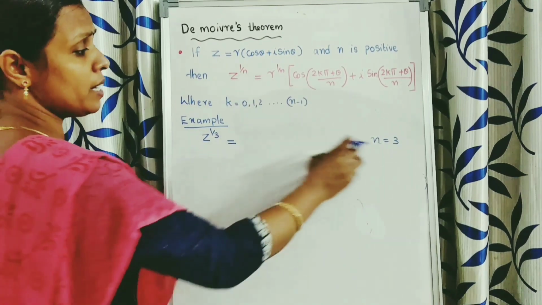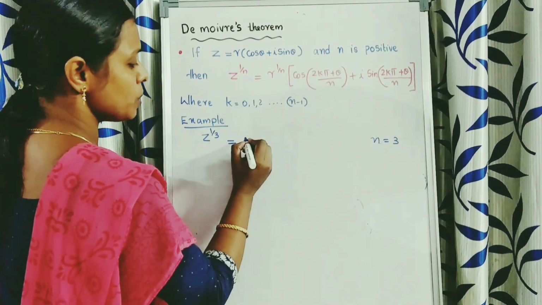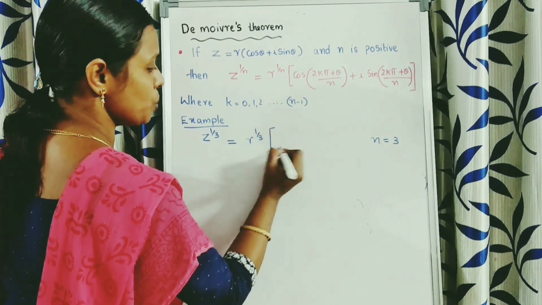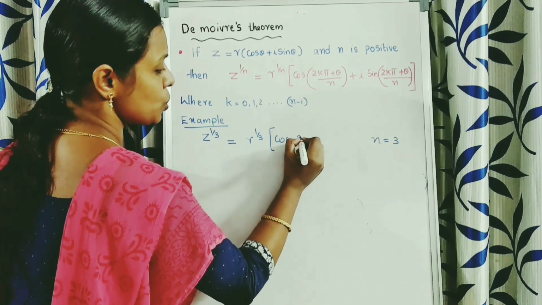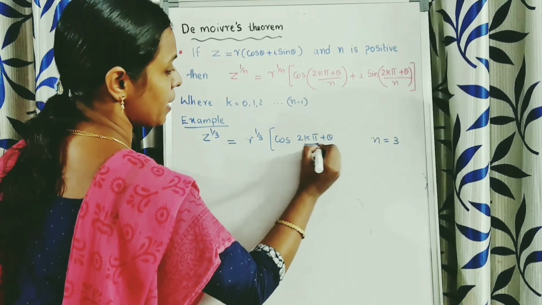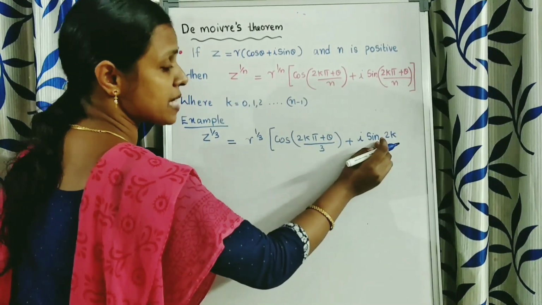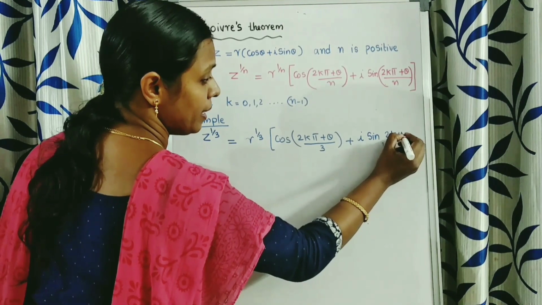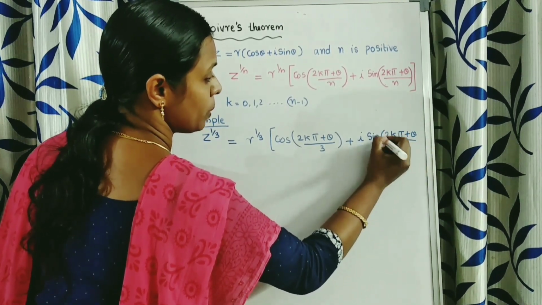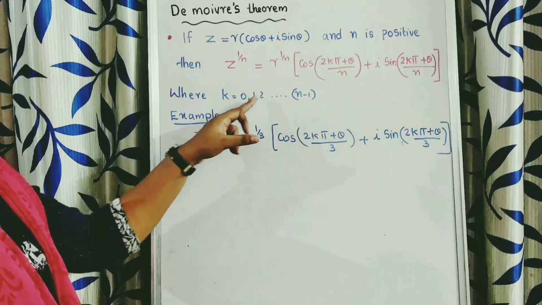Putting n is equal to 3 in this equation, we get z raised to 1 by 3 is equal to r raised to 1 by 3 into cos of (2k pi plus theta) divided by 3 plus i into sin of (2k pi plus theta) divided by 3. We know that k is equal to 0, 1, 2, etc., n minus 1.